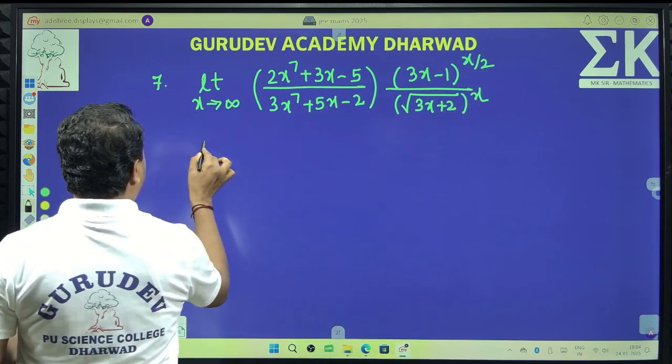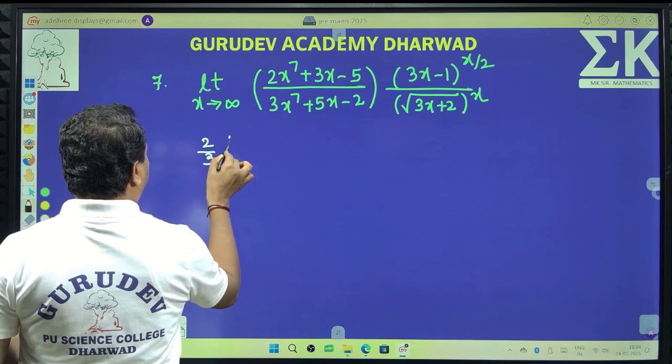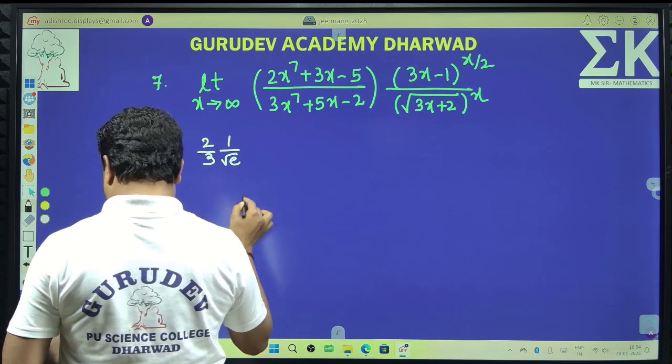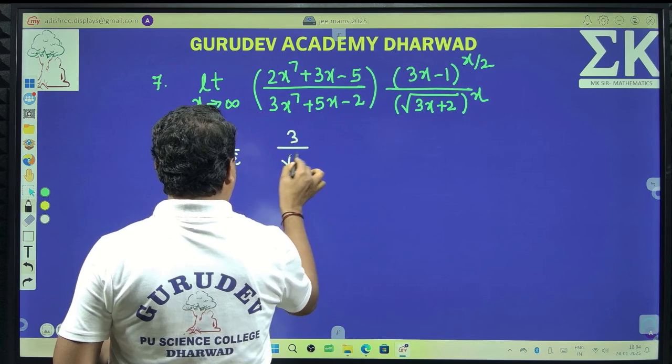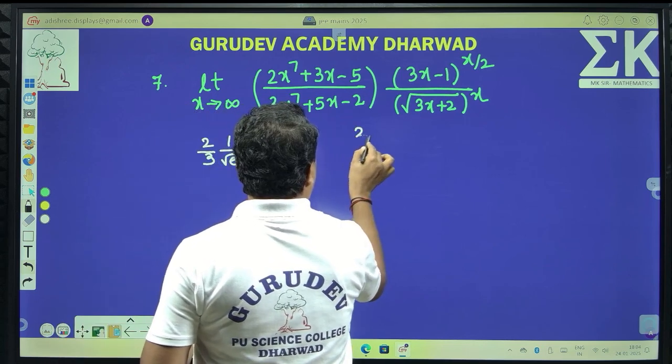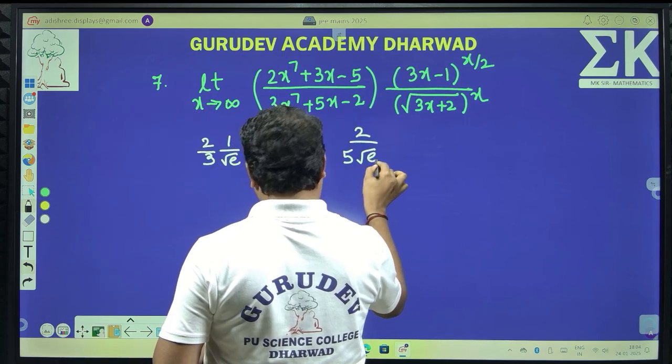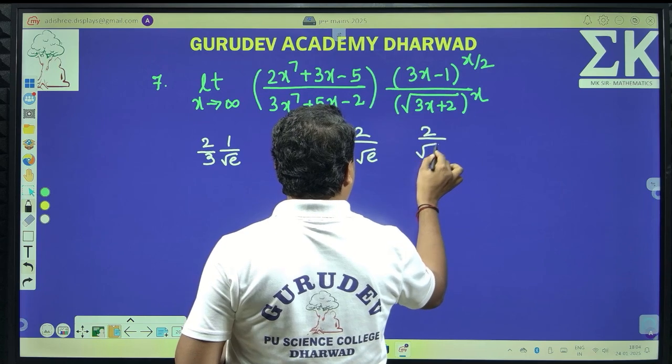Options given are 2 by 3, 1 by root e, 3 divided by root e, 2 divided by 5 root e, 2 divided by root e.